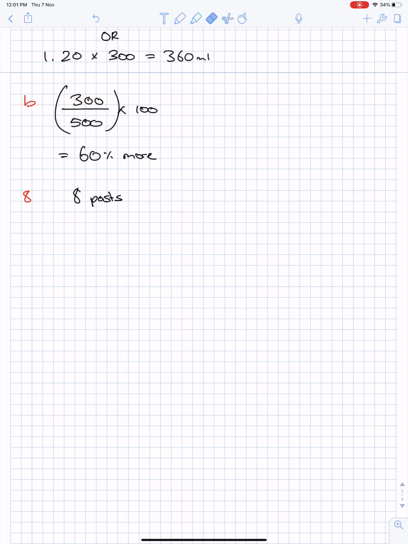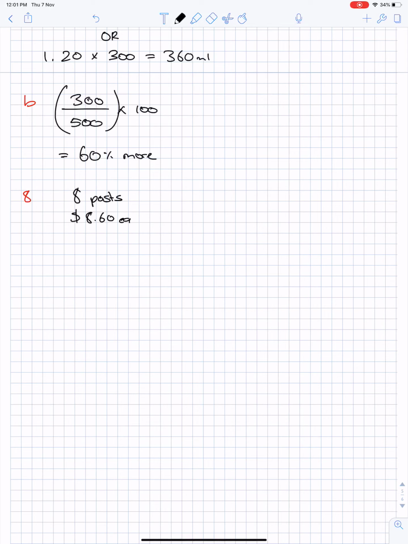So it says Blake was making a fence using palings. He used 8 posts costing $8.60 each. 100 meters of wood was needed, costing $2.40 per meter. Oh, no, sorry, I was right. So 8 posts, and each post costs $8.60 each.